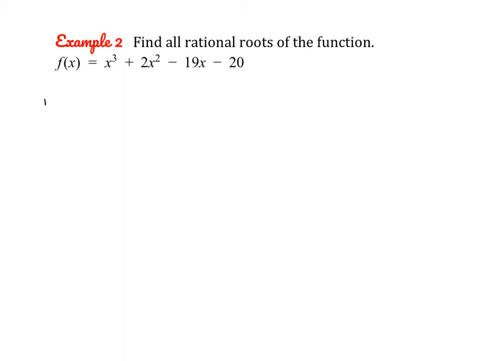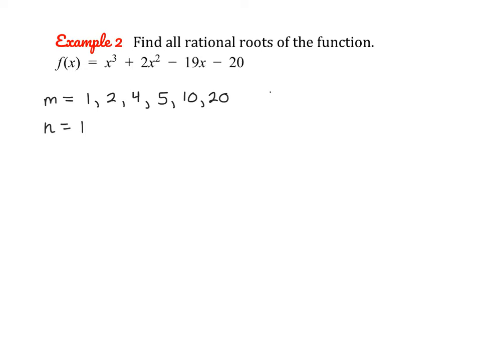So first, let's list out all of the m values, which would be all of the factors of negative 20. So 1, 2, 4, 5, 10, and 20. And then we're going to list out all of the potential factors of our leading coefficient, which is just 1.